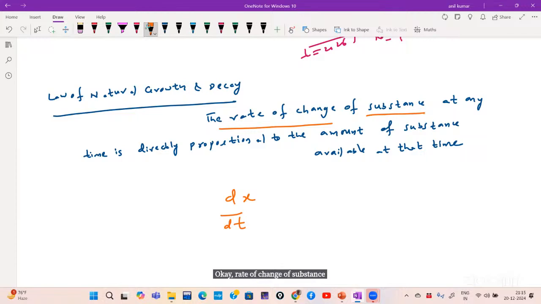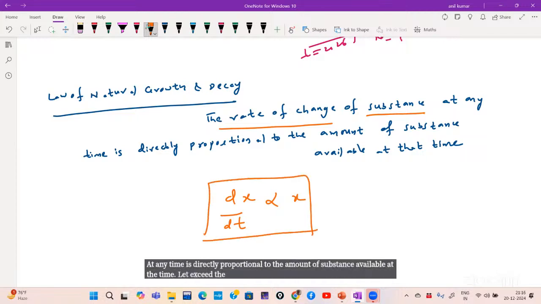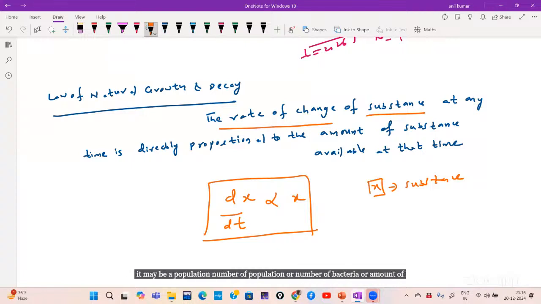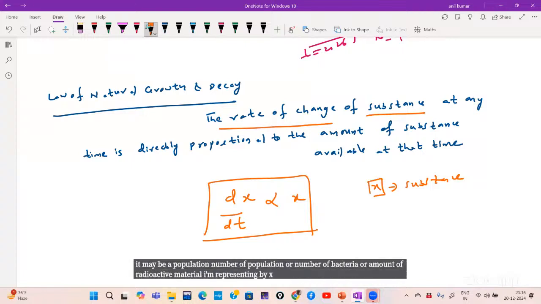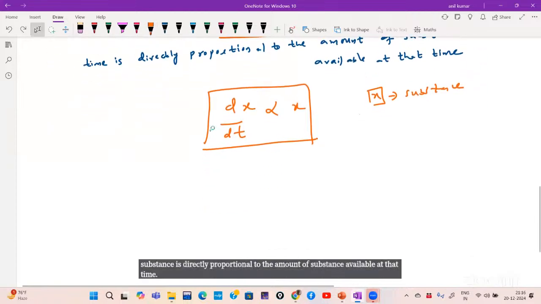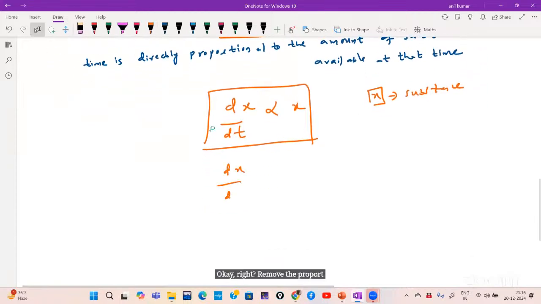The rate of change of substance at any time is directly proportional to the amount of substance available at that time. Let x be the amount of substance. It may be a population, number of bacteria, or amount of radioactive material. I am representing it by x. The rate of change dx by dt is directly proportional to the amount of substance available at that time. Remove the proportionality. If you remove the proportionality, what will you get?